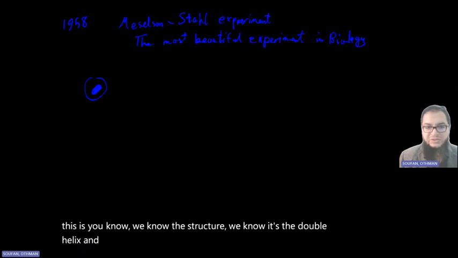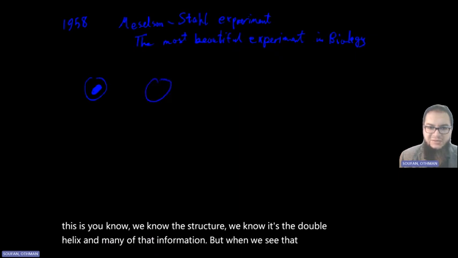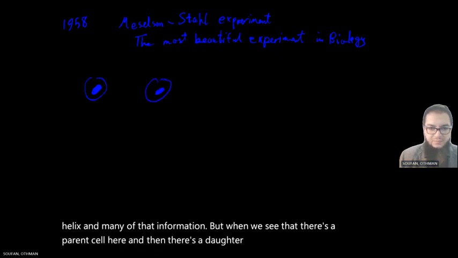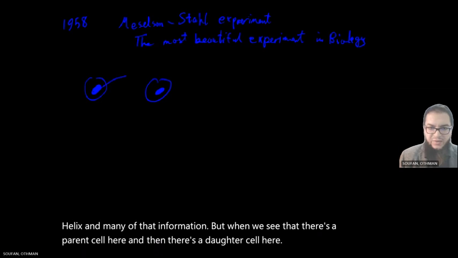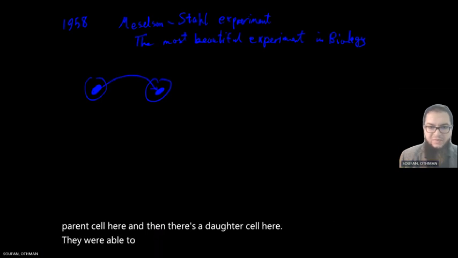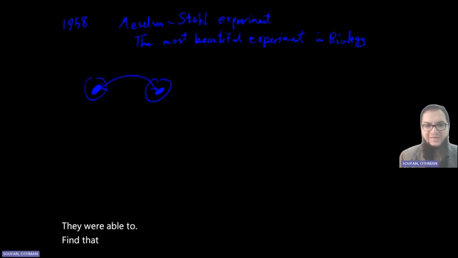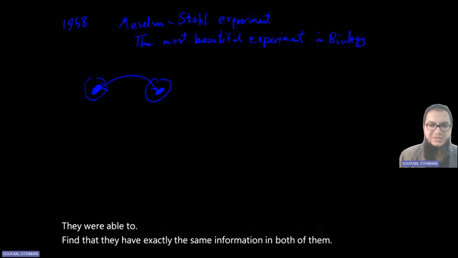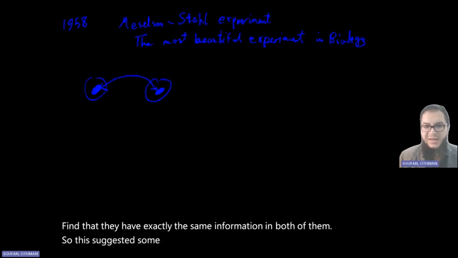But when we see a parent cell and then a daughter cell, they were able to find that they have exactly the same information in both of them. So this suggested some DNA replication.